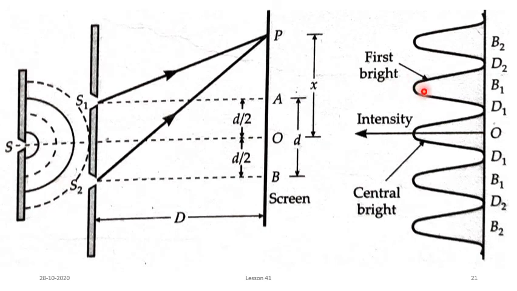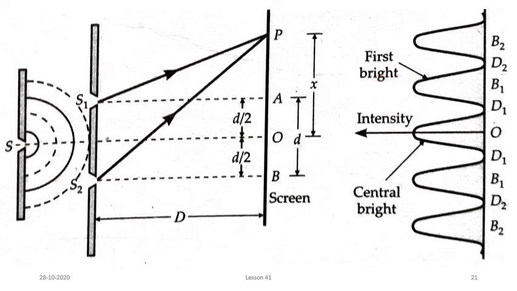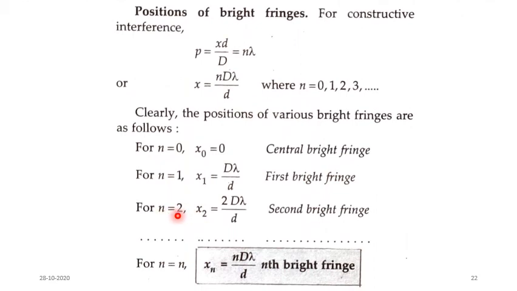In that case also you will get a maximum intensity fringe. Similarly, for n equals 2, your second bright fringe, x2 equals 2D lambda by small d. So this is your second bright fringe.